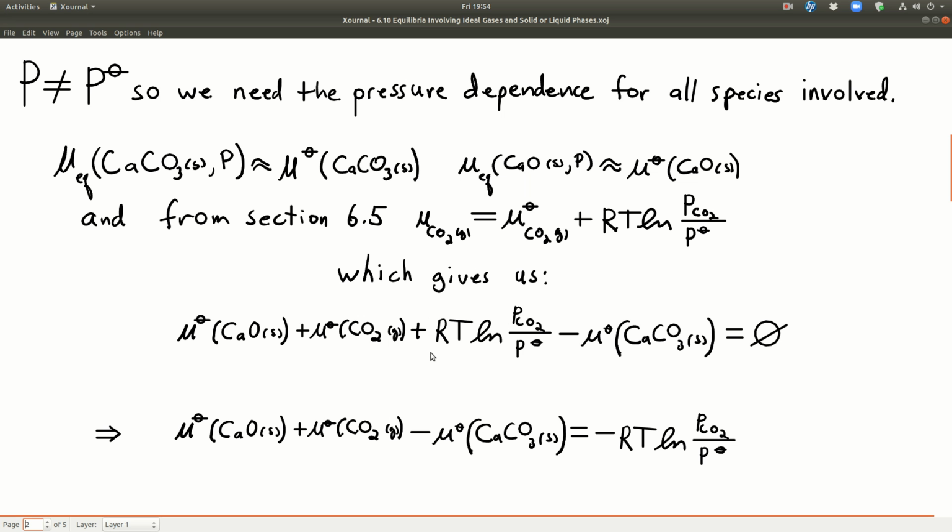Plugging that into the equation we had a minute ago, we get the chemical potential of calcium oxide plus carbon dioxide, which includes the natural log term, minus the chemical potential of calcium carbonate, has to add up to equal 0. Rearranging a little bit, bringing this to the other side, we see that the difference in the chemical potentials at standard conditions equals negative RT ln of the partial pressure of the gas over the standard pressure.